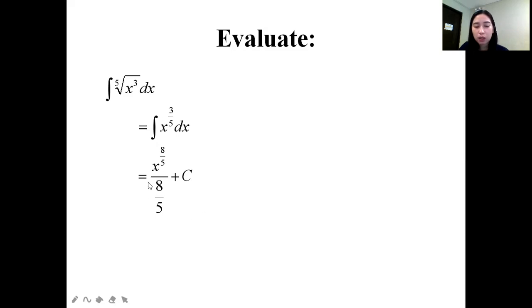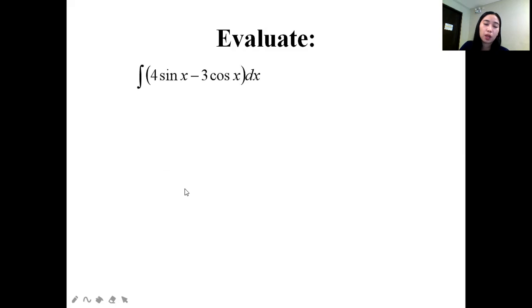So we invert it, so it becomes 5/8 x to the 8/5 plus c.